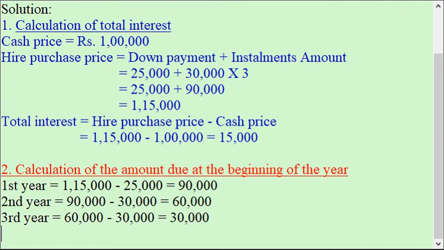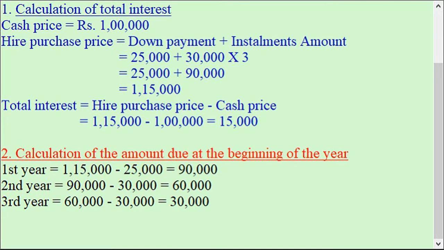Now with this amount due, I will calculate the ratio. So ratio of the amount due is 90,000 is to 60,000 is to 30,000. So I remove 4 zeros, which is common.